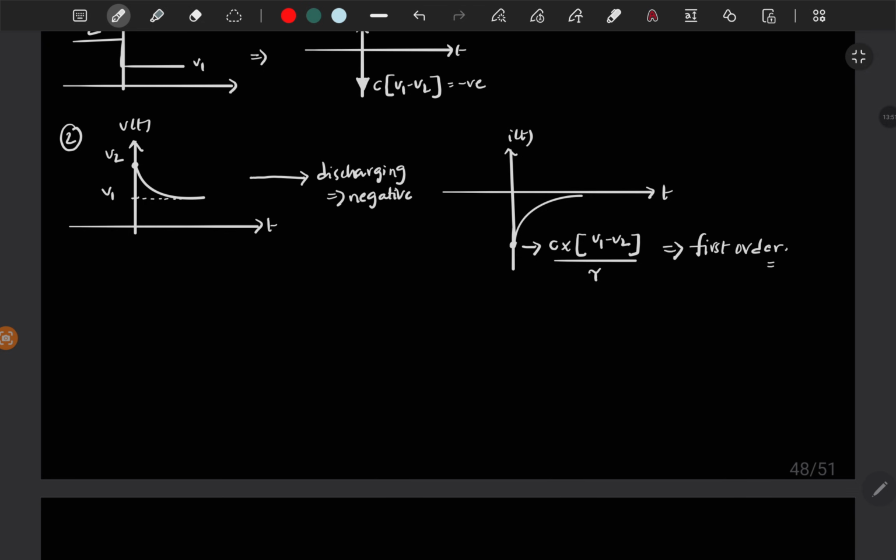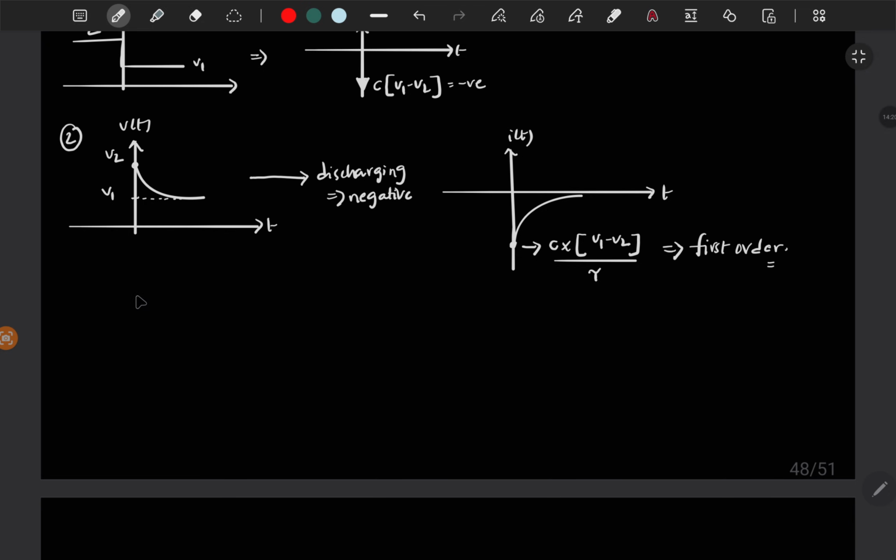Of course you no need to remember this, but if you remember it then you will get faster answers. If you don't remember then it's fine, because you can easily get this current as C into dV by dt, and you have to write the V of t equation, then differentiate that equation, then multiply with C and put t is equal to 0, so that you will get the initial value of current, that you will get same as this one.